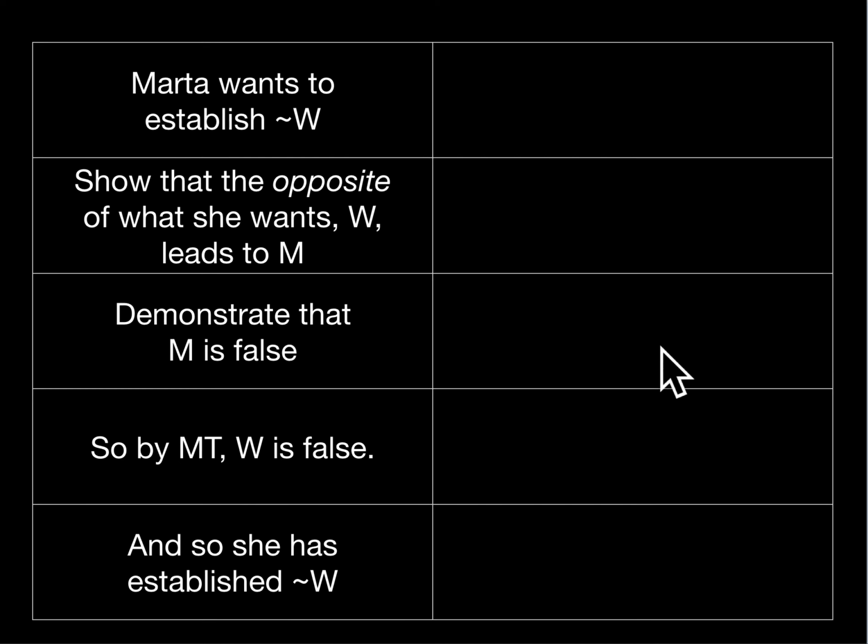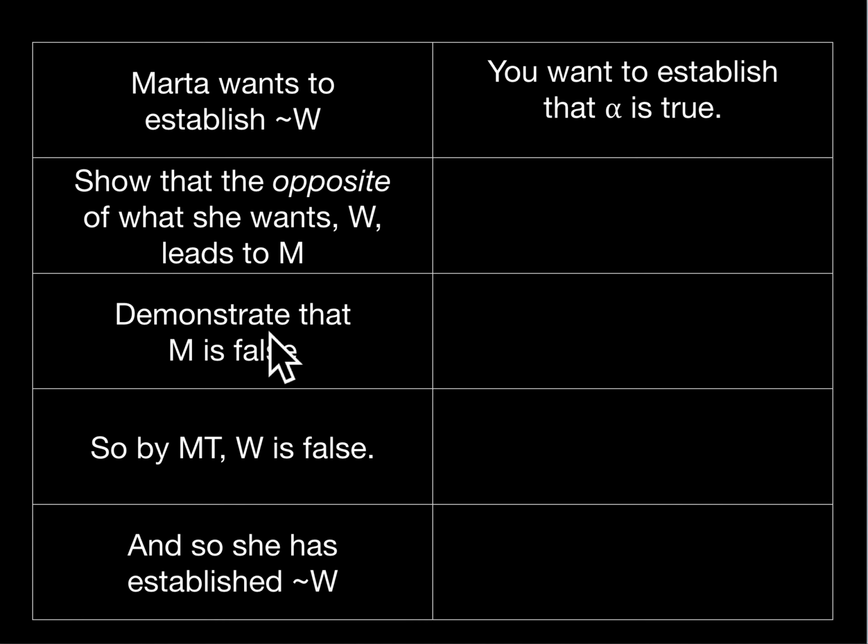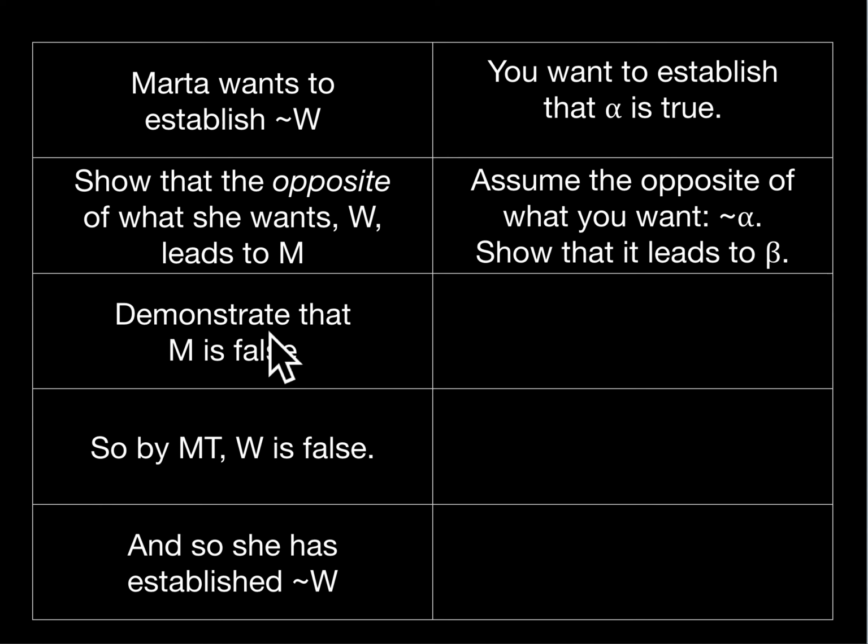Indirect proof is similar. I'm going to sort of do a side-by-side here. You want to establish that alpha is true. Doesn't matter what statement it is, but that's your goal. You assume the opposite of what you want and show that that leads to beta. Okay, if not alpha, then beta. Think of it that way.